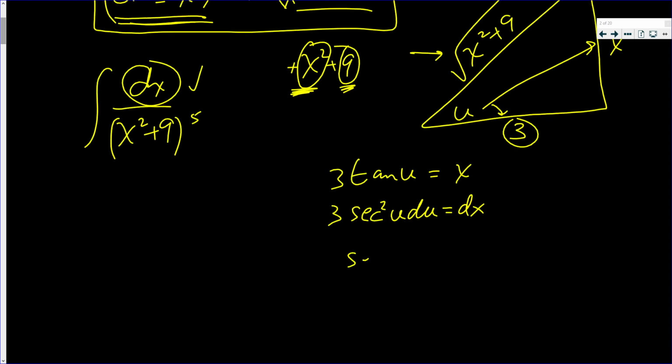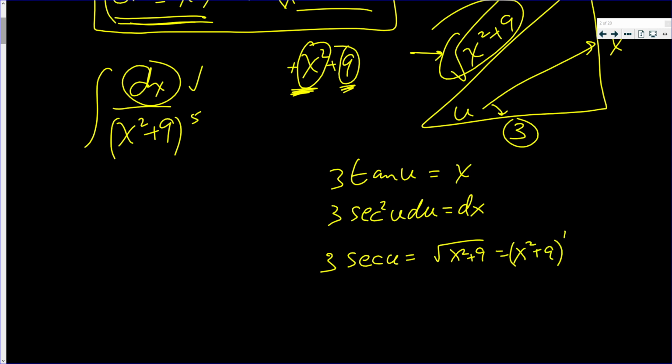Well, I noticed that the secant of u is the square root of x squared plus 9 over 3. The over 3 I'll put here. Now remember, this is really x squared plus 9 to the half power. If I really wanted the fifth power, I'd raise everything to the 10th power, because half times 10 is 5. But I only want the first power.